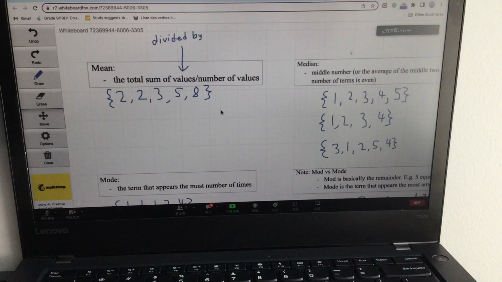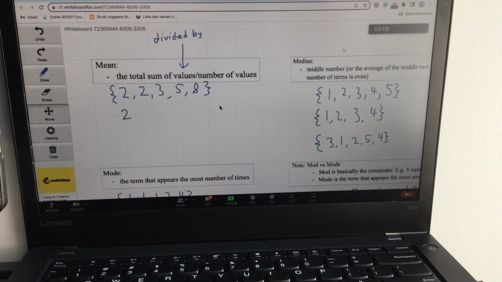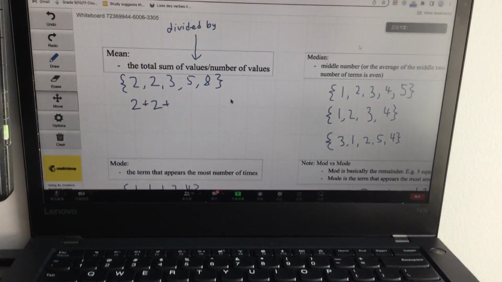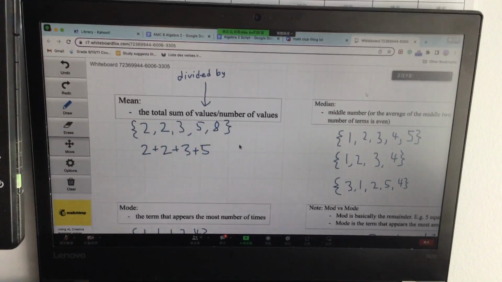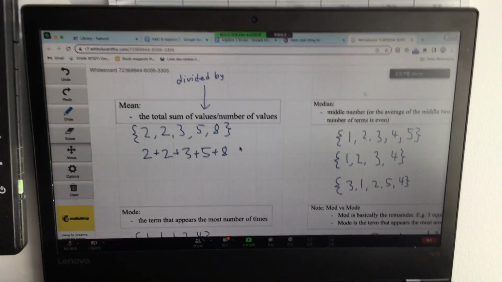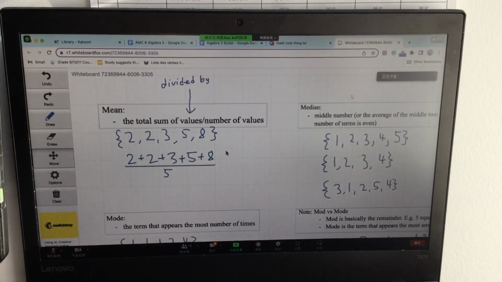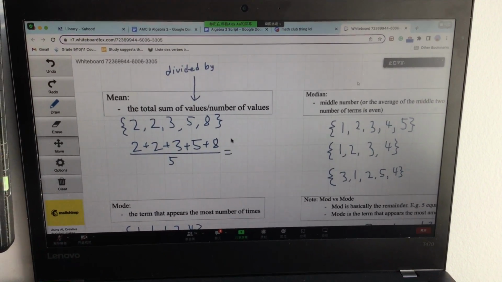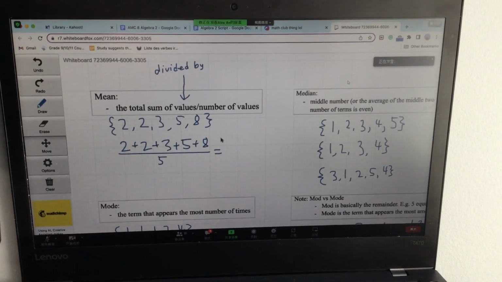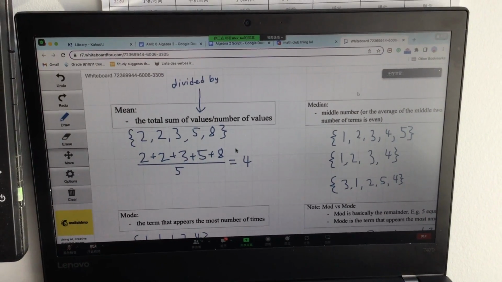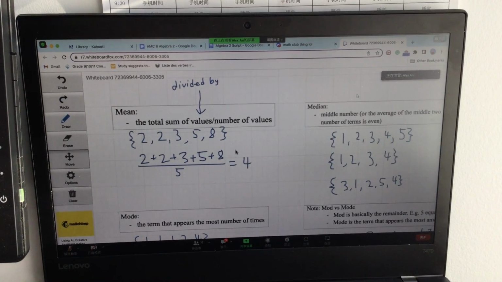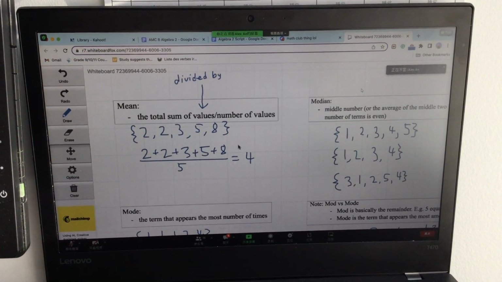To find the average, we add all 5 numbers together, and then since there are 5 numbers, we divide by 5. This gives us 4, I'm pretty sure. So that's mean.